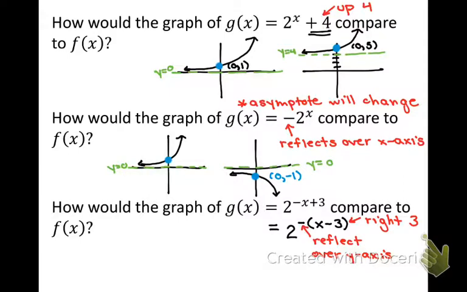Now, if we think about this, here's my original graph. I now am going to reflect this over the y-axis, and I'm going to shift it to the right 3. So after that reflection, I still have 0, 1, but now that point is going to move to 3, 1.